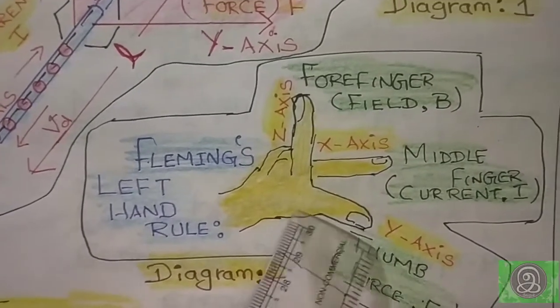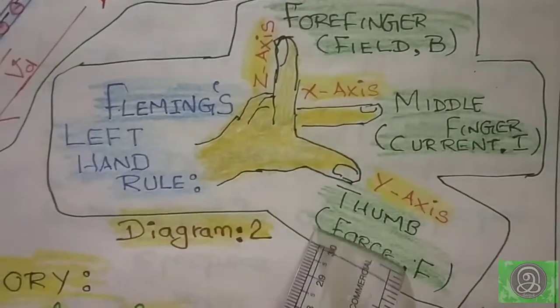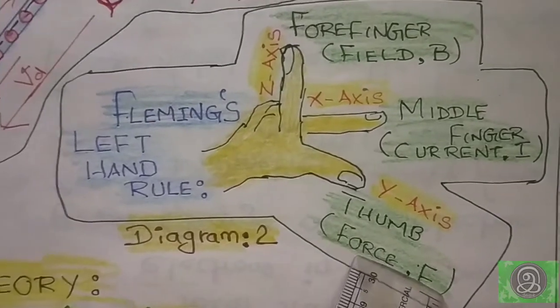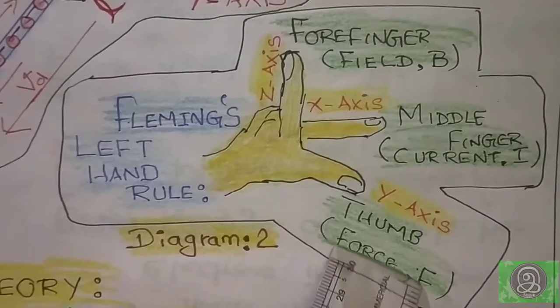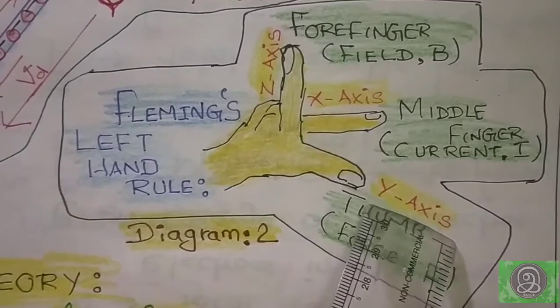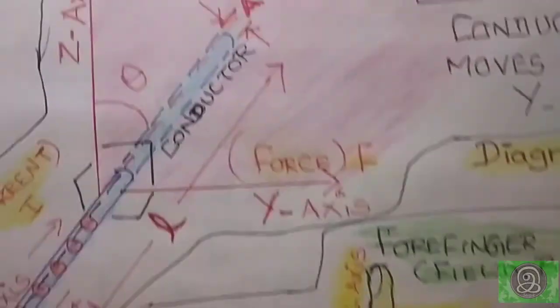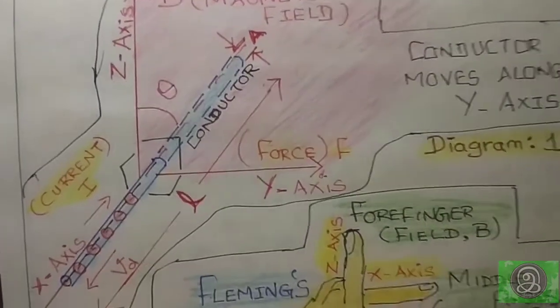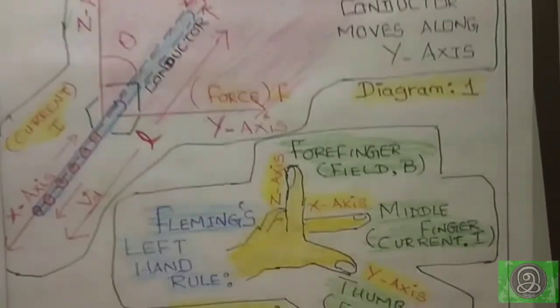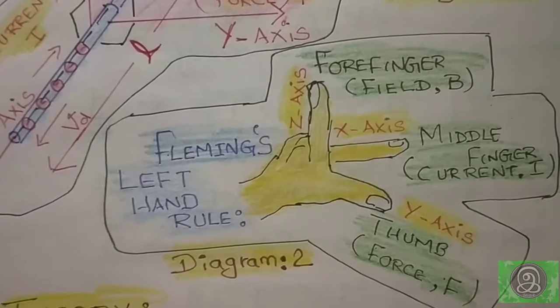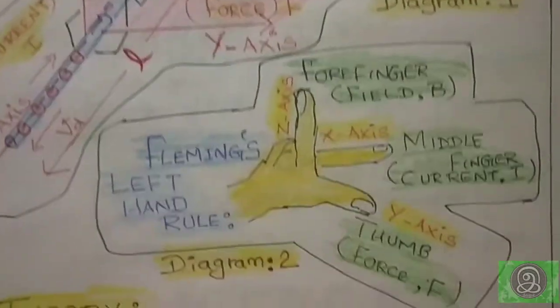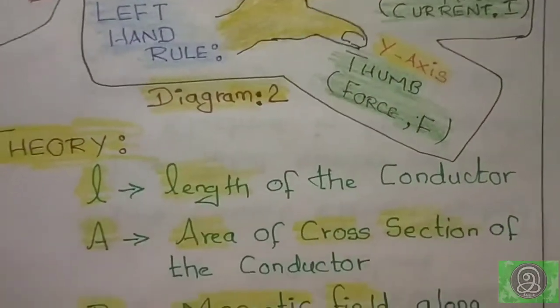The thumb denotes the direction of the mechanical force experienced by the conductor. It is also nothing but the y-axis. So this is compared with this diagram. Okay. Now, using these two diagrams, we are going to do the derivations.